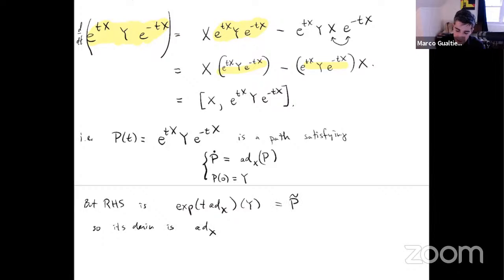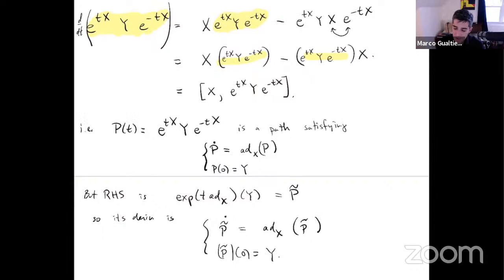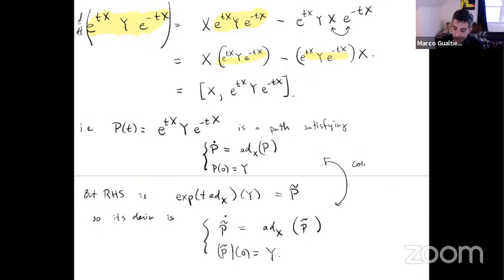So if this was P tilde, this would be P tilde dot is equal to ad x applied to P tilde, because it is literally the exponential of this operator. And so when I differentiate with respect to t, that's just going to bring this operator down in front. Okay, and P tilde at 0 is obviously just y. So they coincide. They satisfy the same differential equation, same ODE, with the same initial condition.